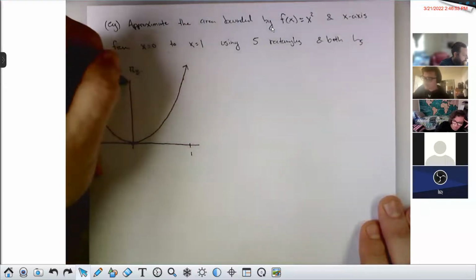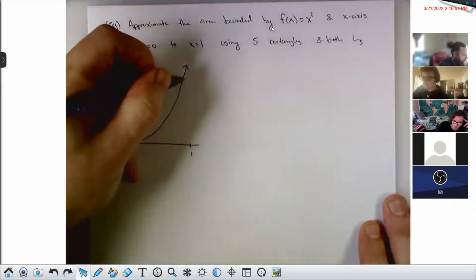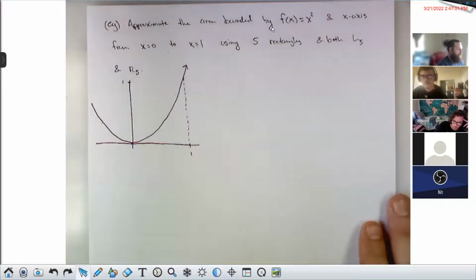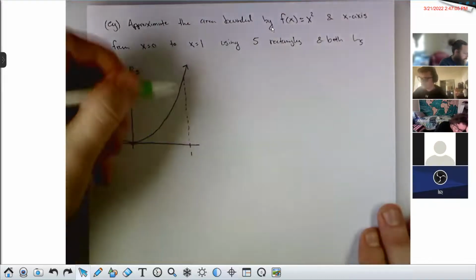So here's the point (1, 1). The area that I'm trying to approximate, I'll shade in pencil.